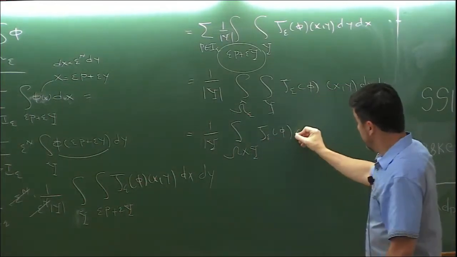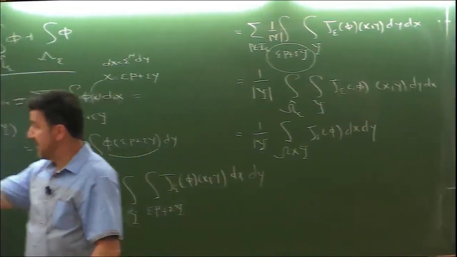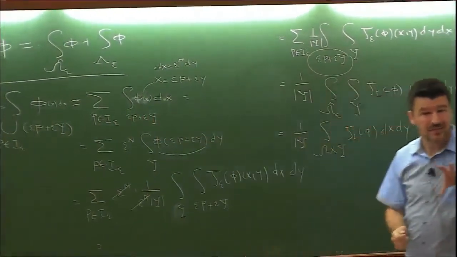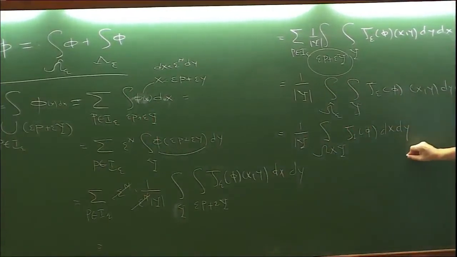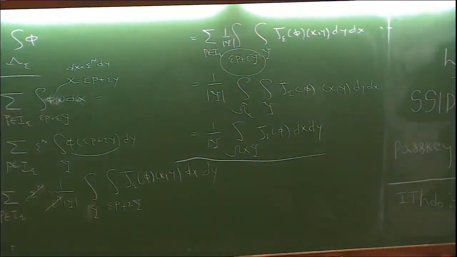Well, not really, but we obtain that this is that. The integral on the interior set of phi is equal to the integral on the product set of T epsilon.